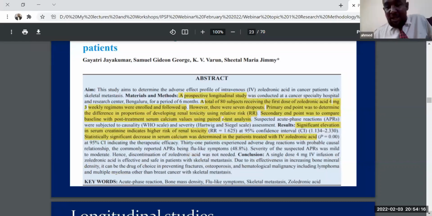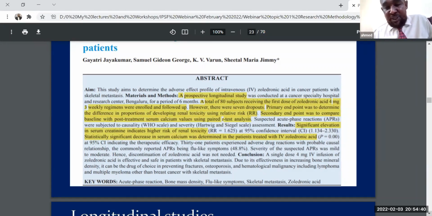We have another type of design which is not commonly used, but very close to longitudinal, called repeated cross-sectional. Sometimes, if we want to measure change in a population regarding prevalence of disease or some change due to policy and so on, we can use repeated cross-sectional.